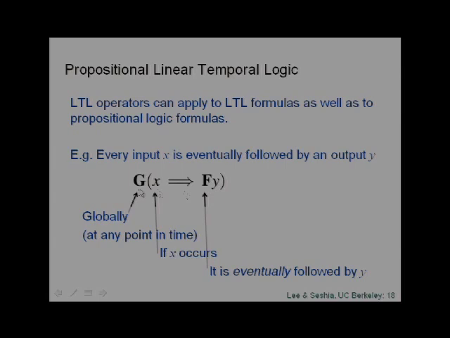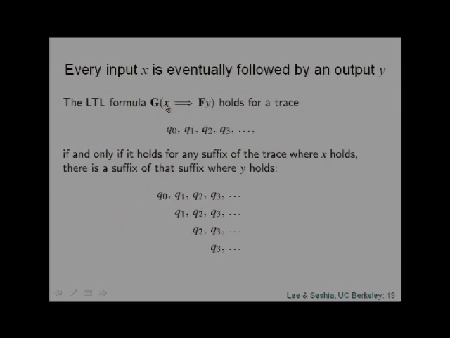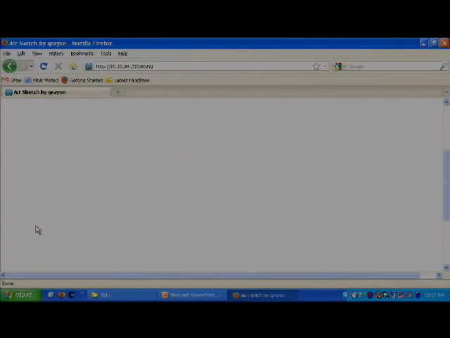What it means here is that if you have, let's say, your trace Q0, Q1, Q2, Q3, etc. And x is true in Q0.